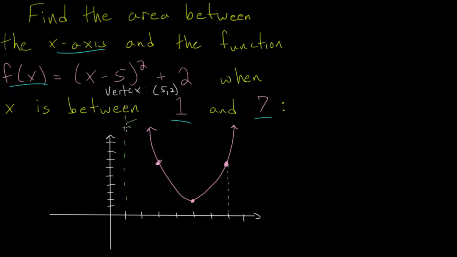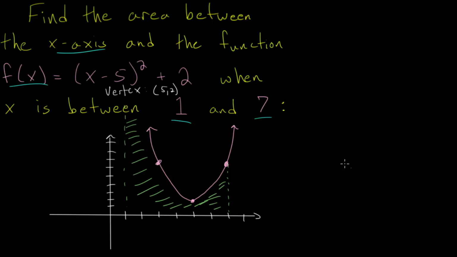But essentially, we're finding this area here, which you can imagine is fairly challenging since this is a curvy shape. If you haven't taken calculus, you've probably seen how to find the area of squares, rectangles, circles, triangles, or simple shapes like that. But curvy shapes become a lot more difficult.